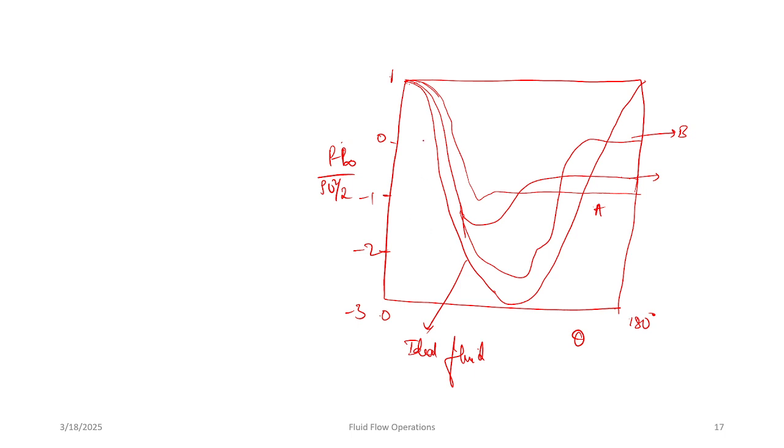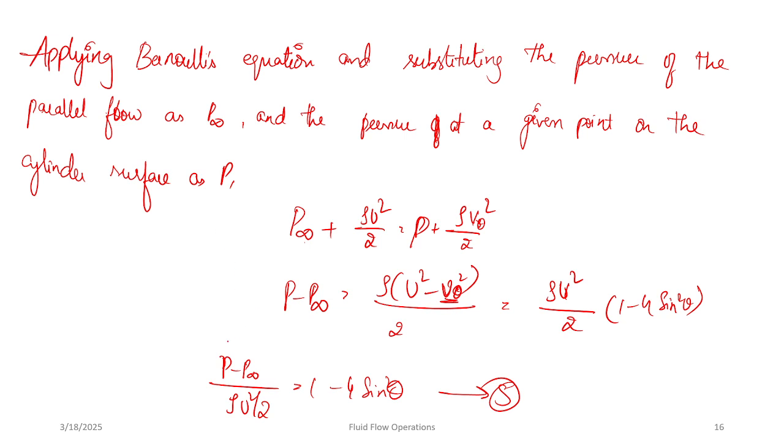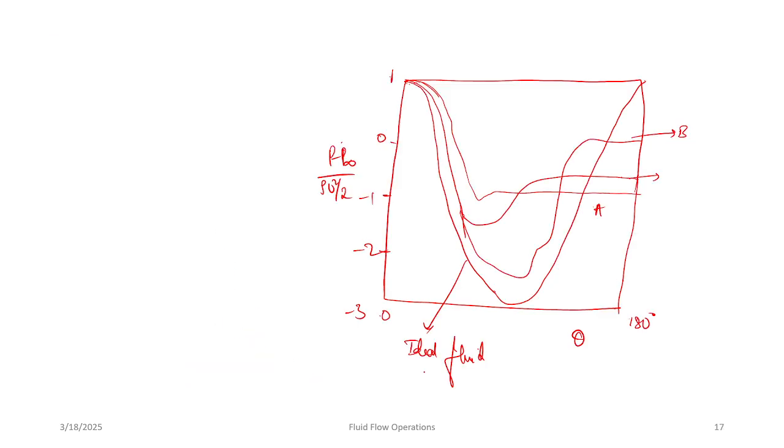So this is how the graph looks if you draw a graph between (P minus P infinite) by (rho u square by 2) and theta, for ideal fluid.